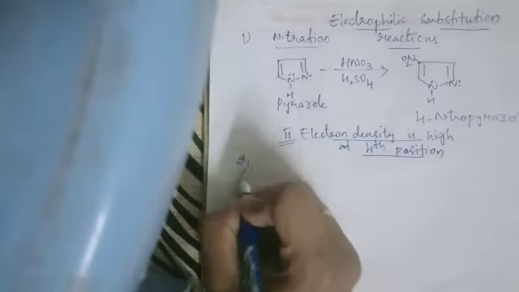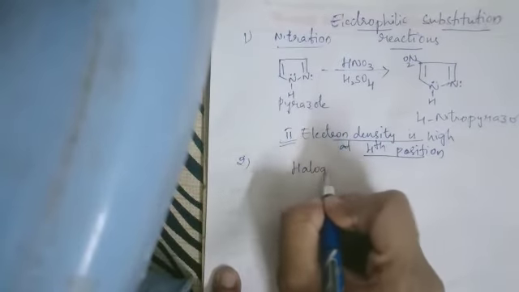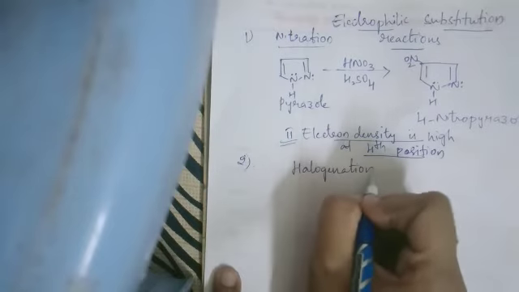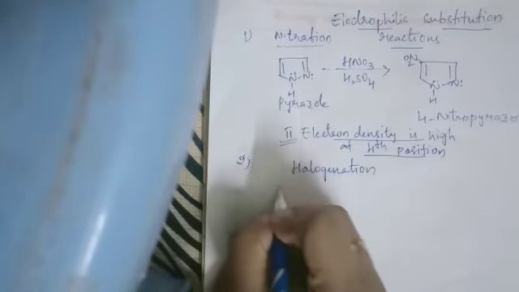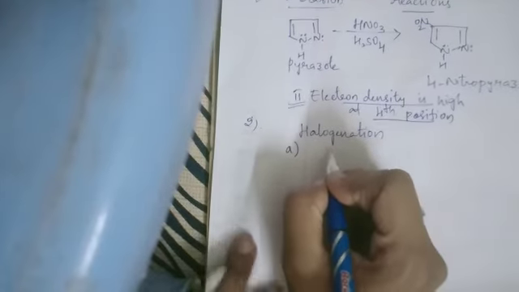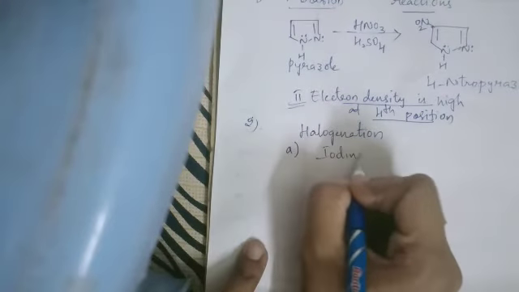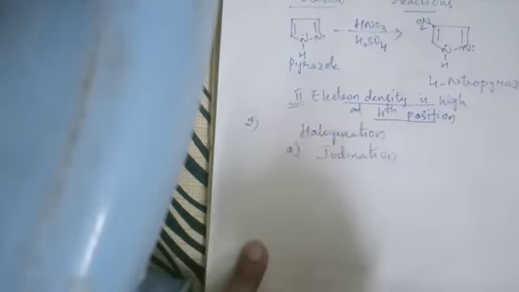Okay, next reaction is halogenation. Under halogenation there are two reactions. A, iodination. So iodination, very well.